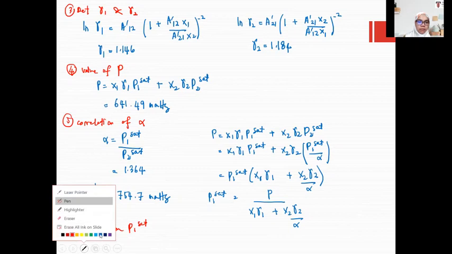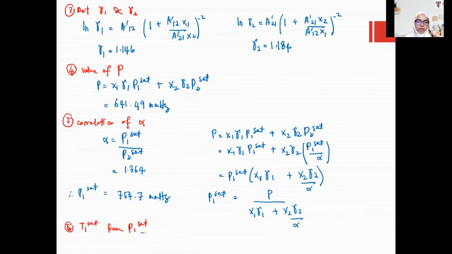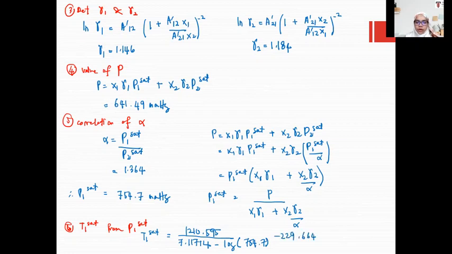The same method is to be inserted into the unknown equation: 1210.595 over (7.11714 minus log 754.7) minus 229.664. It gives you the value of 55.9 degrees Celsius.